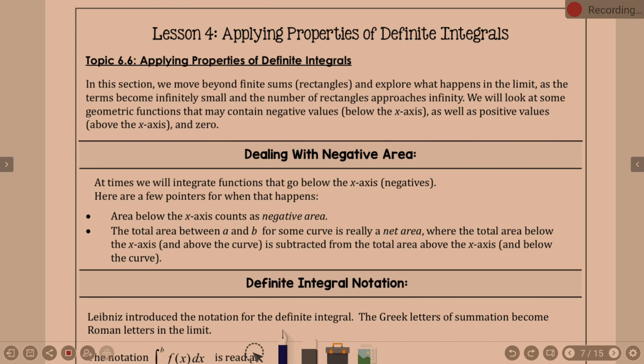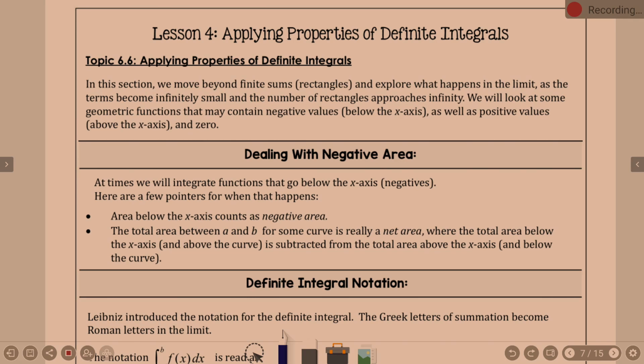At times we integrate functions that go below the x-axis. Keep in mind, when we've been doing this geometrically, by hand, anything that's below the x-axis takes on a negative value. So when we do these integrals, that will take care of itself, but area below the x-axis counts as negative area. The total area between A and B for some curve is really a net area, where the total area below the x-axis and above the curve is subtracted from the total area above the x-axis and below the curve.